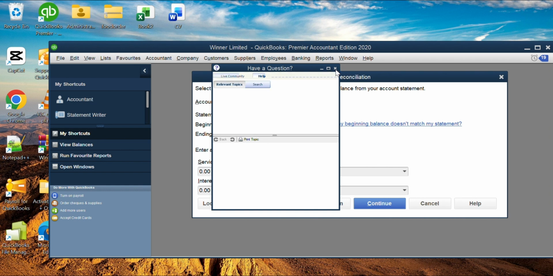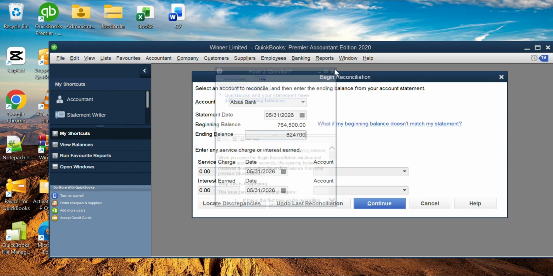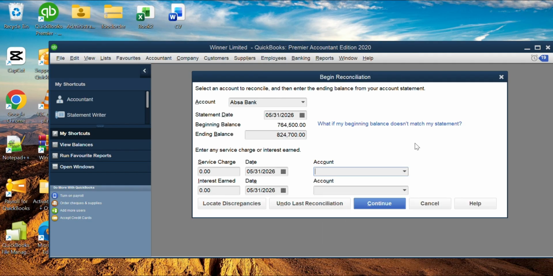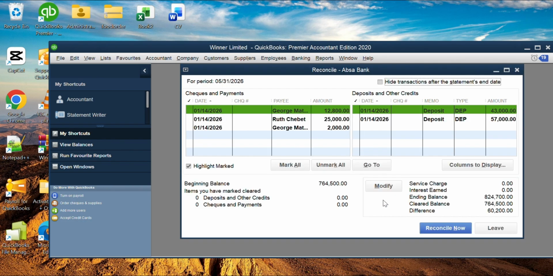Remember that when we are doing a reconciliation, you have your bank statement beside you, and you have the QuickBooks posting that you have already posted. So you are going to tick whatever is in the bank and also in QuickBooks. QuickBooks is your cash account.